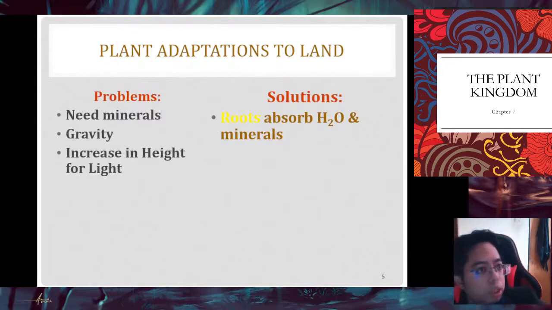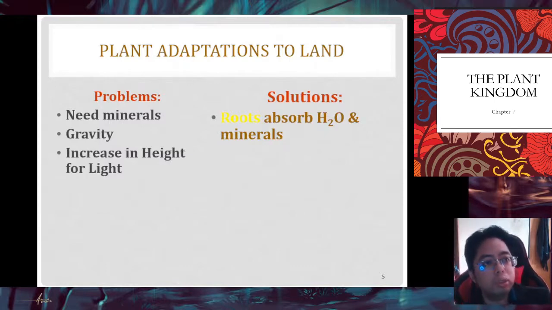Underwater, the water's own pressure is able to withstand gravity. It is able to prop the seaweeds up straight like that because of the forces acting on it. But on land, because there's no water around them, gravity just pulls the plant down.